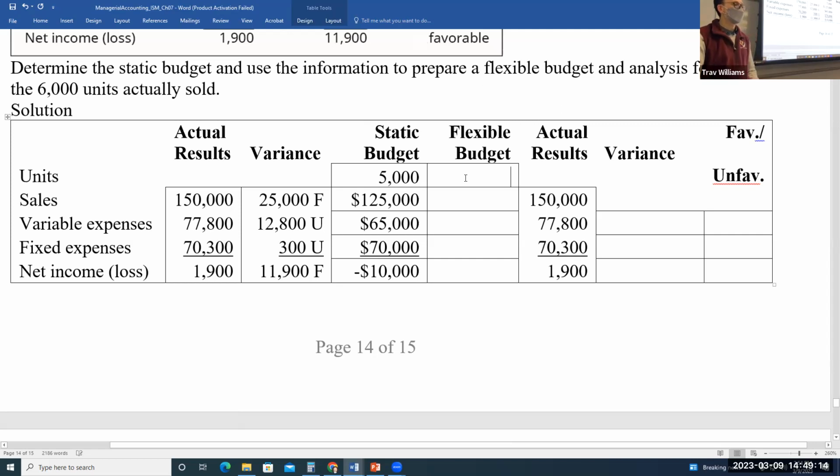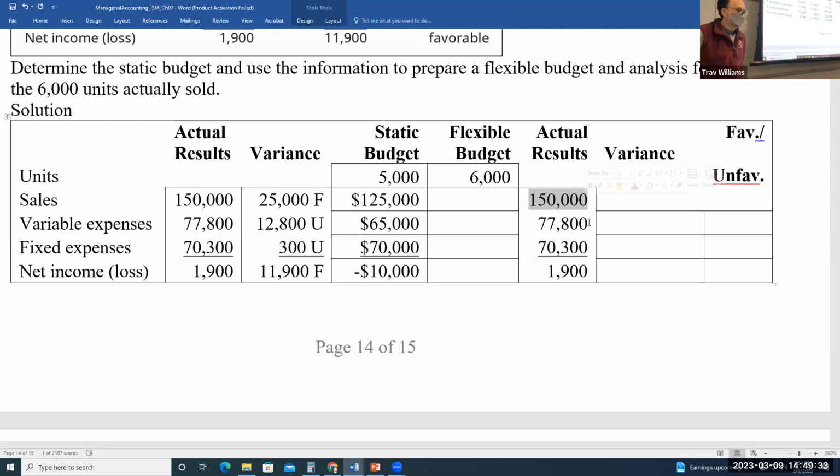In the flexible budget, again, we're basing it on the 6,000 units that we actually sold. So we know we brought in 150,000 in revenue.